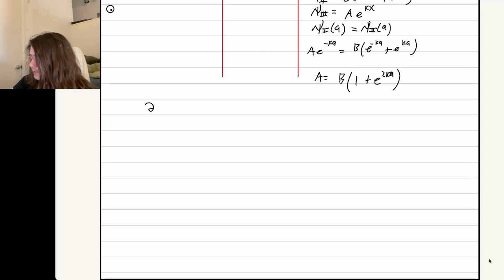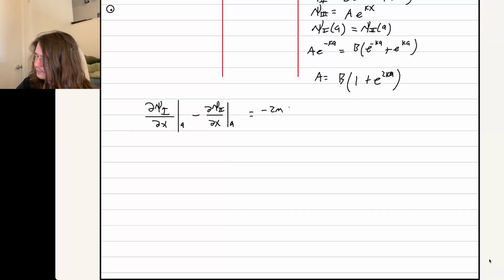We also have the boundary condition that the derivatives of the wave function will be discontinuous at the boundary. So you'll find that if you take the derivative of the wave function on the right-hand side of the boundary, set x to the boundary, and then take the derivative of the solution on the other side of the boundary, also set equal to a, the difference will be minus 2m alpha over h bar squared times the wave function at a, which I'm just going to use psi 1 for.